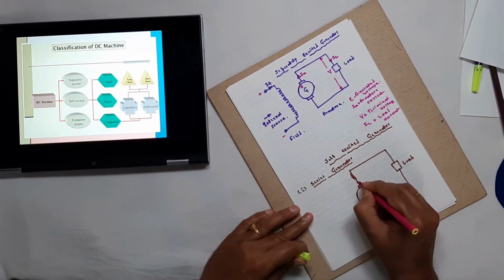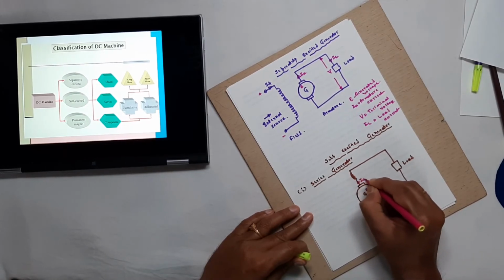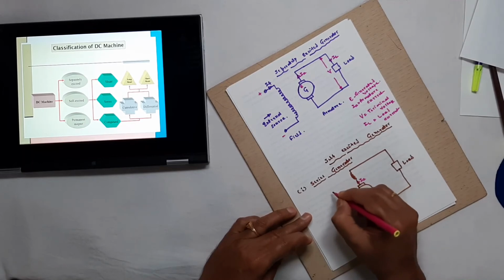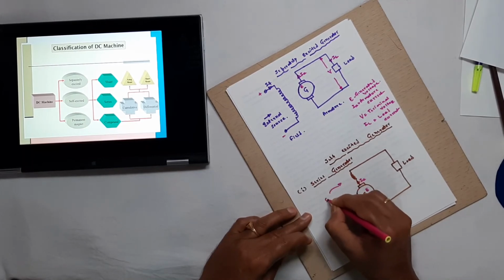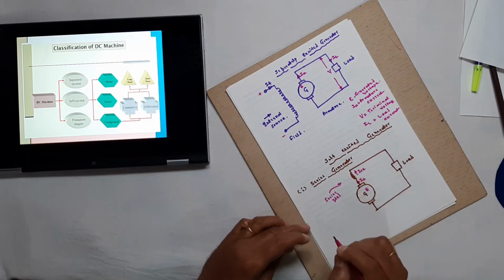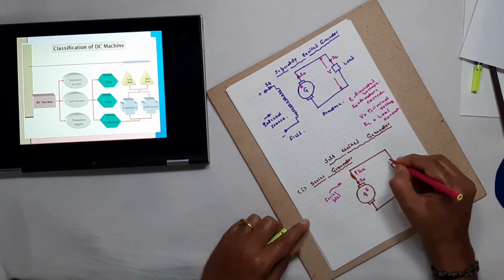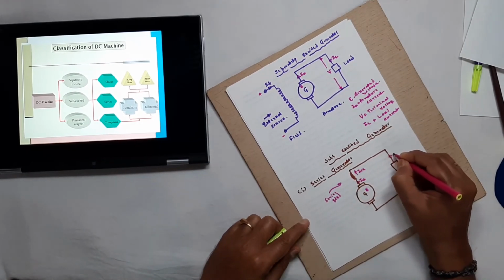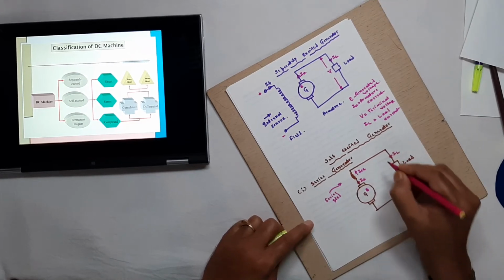The current which is delivered by the armature is called the armature current. This is your series field. The current which is flowing through the series field winding is I series. Then the current which is flowing through the load is called the load current.